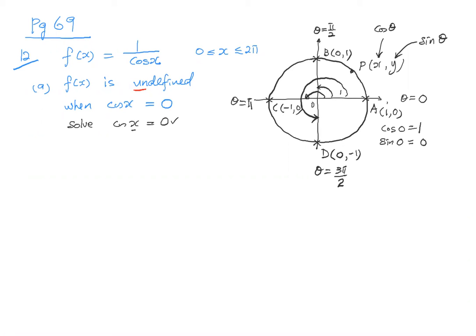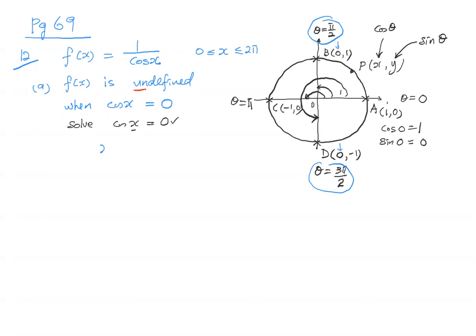So what can the angle be? 1/2 pi, here. This one and this one, correct? So there are two values. With trigo, you have to be very careful.